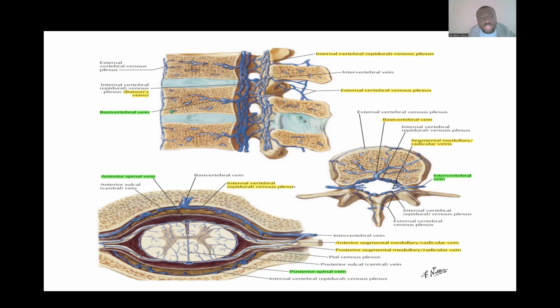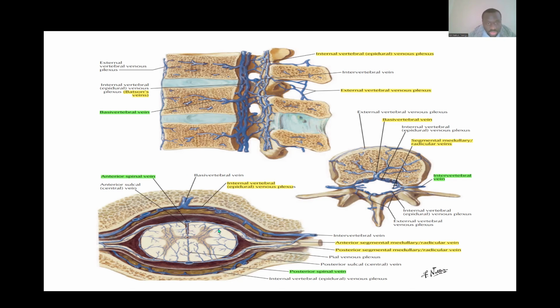We've got basivertebral veins, which drain the substance of the vertebral body into the internal vertebral venous plexus. Then the internal vertebral venous plexus drains out through the intervertebral foramina into the external vertebral plexus.